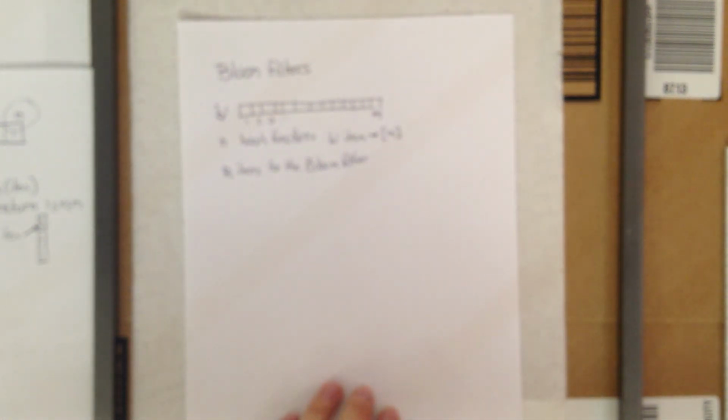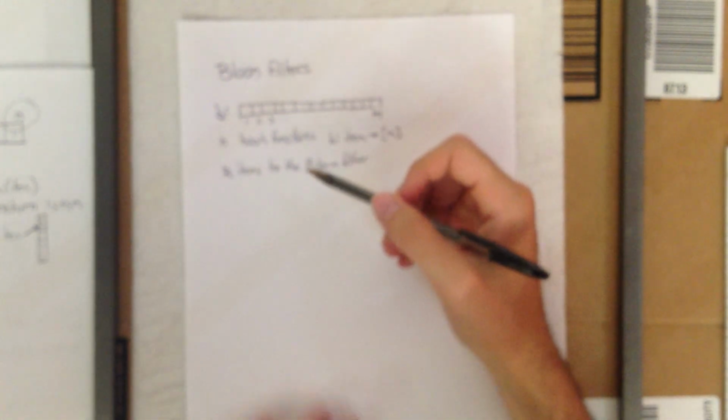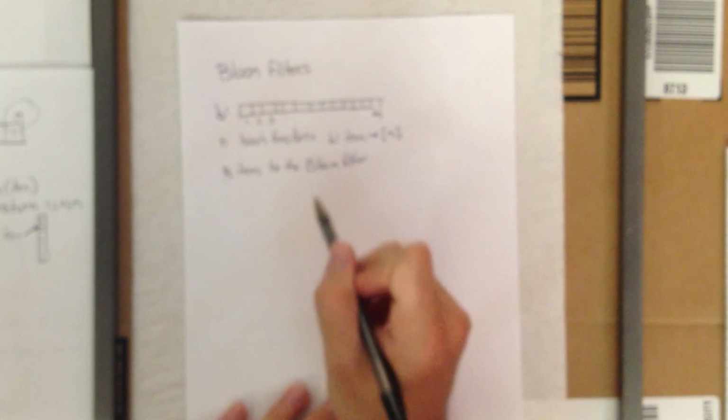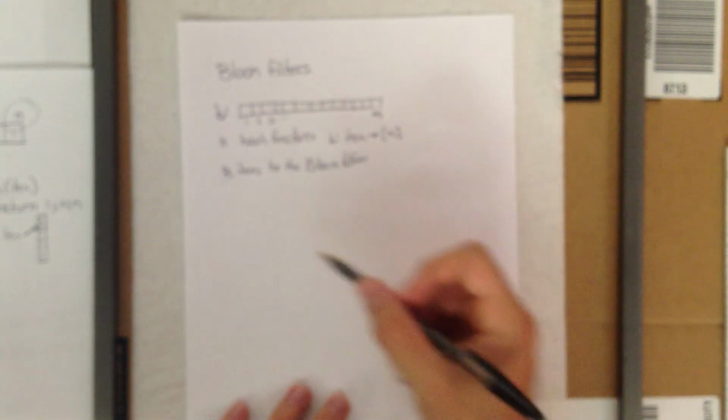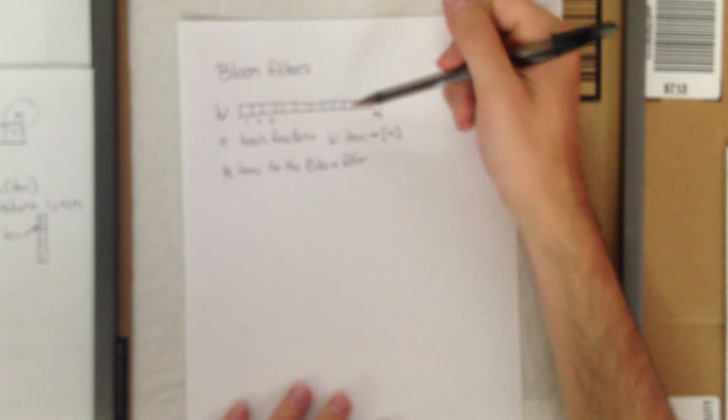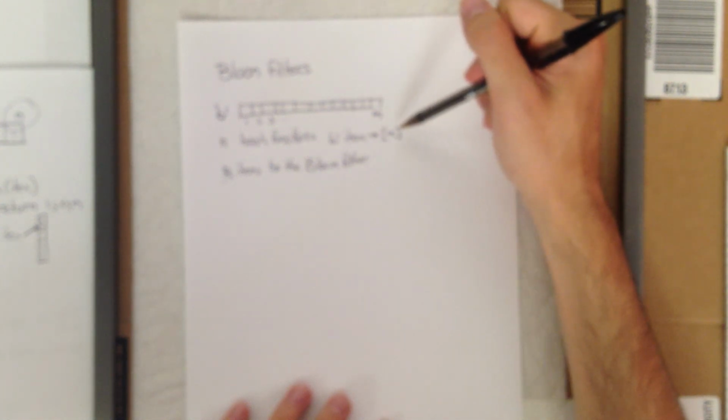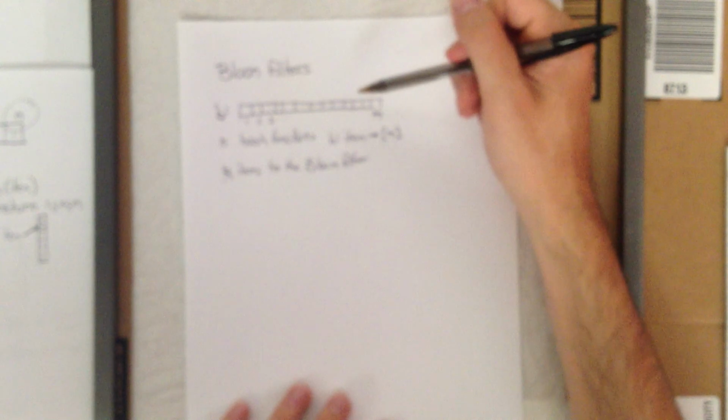So we're going to look at how fast we can do this and how much space it takes up. One thing to point out right away is that it doesn't matter how big these items are. That won't affect the size of the Bloom filter, because every time you add an item, it's getting hashed down to just a number between 1 and m.